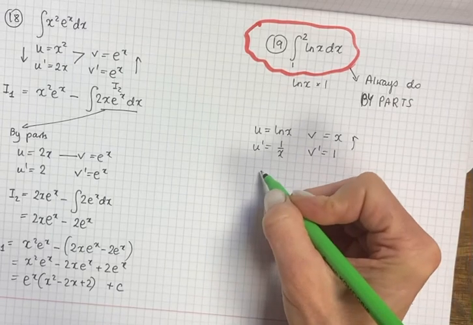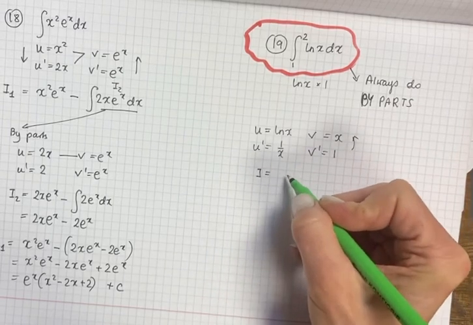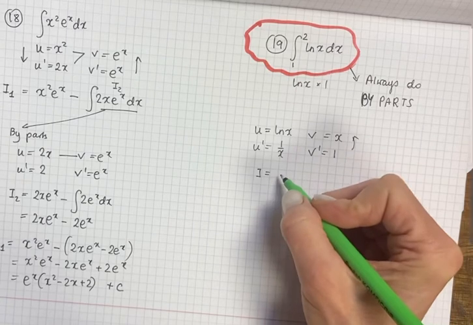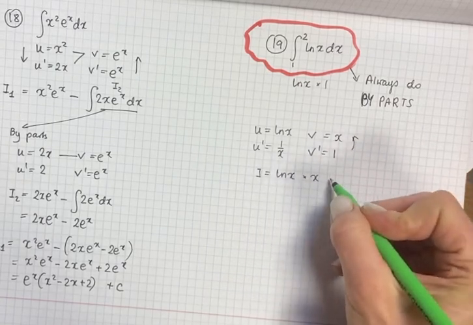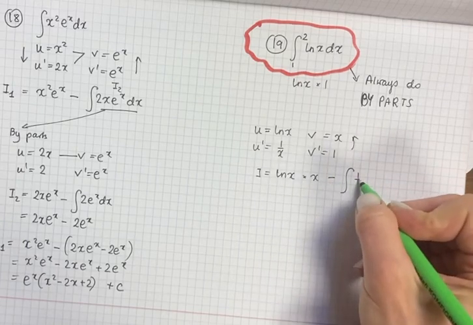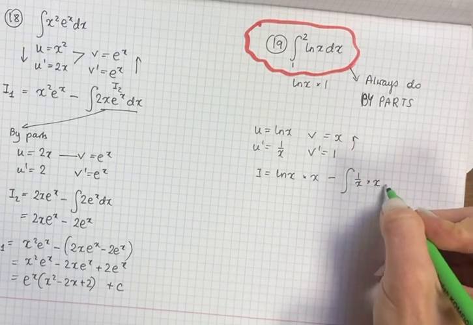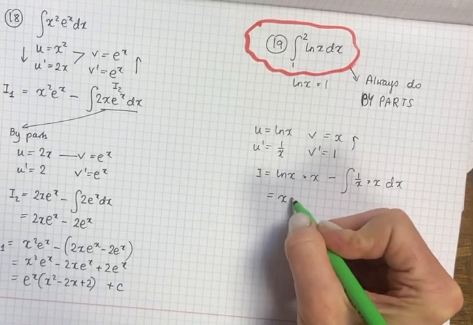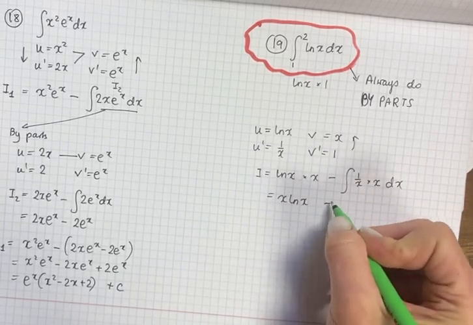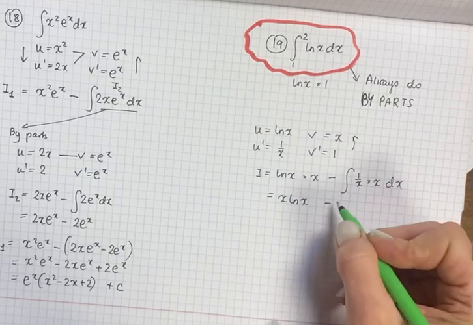So number 7, so our integral is going to be ln x times x minus the integral of 1 over x times x. So this x looks better at the front, so it's x ln x. Otherwise it looks like ln x squared, which is totally wrong.